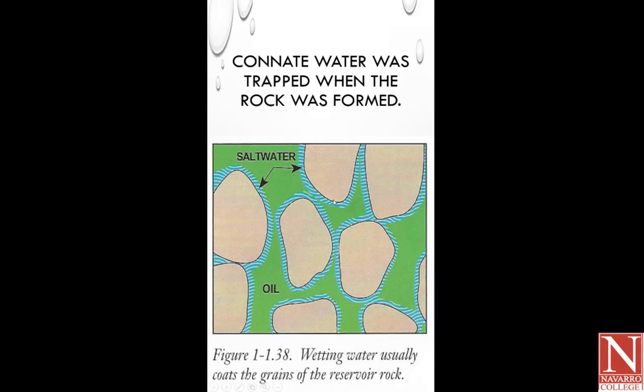Most formations have connate water, and that water is covering the rocks, and then the oil is on top of them. So each of these pores have somewhat of a bit of connate water. Now wetting water or connate water usually coats the grains of the reservoir rock.